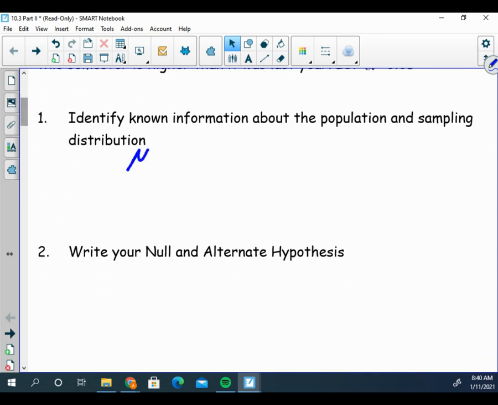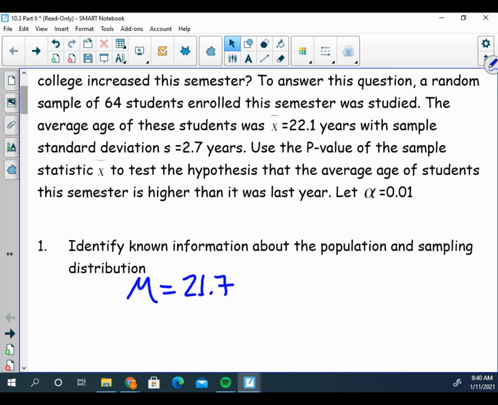The average age of students was 21.7. However, the group we sampled had an average age of 22.1 years, with a sample standard deviation of 2.7 years.